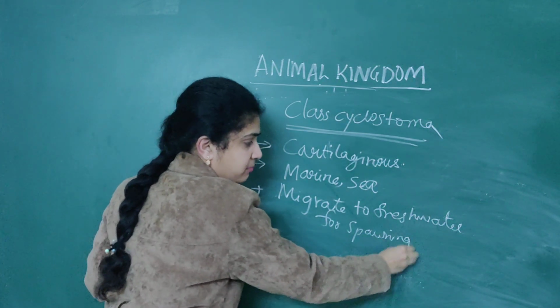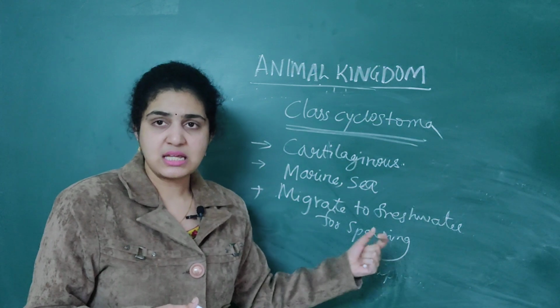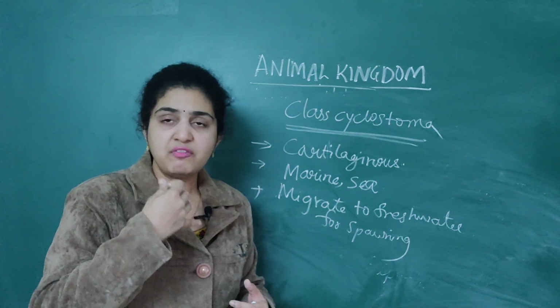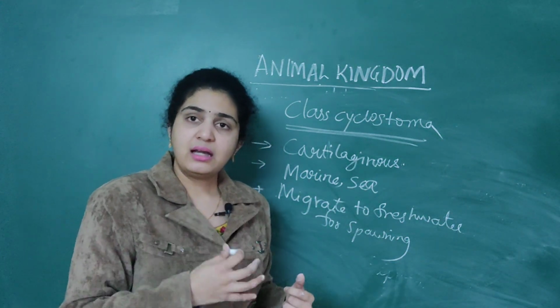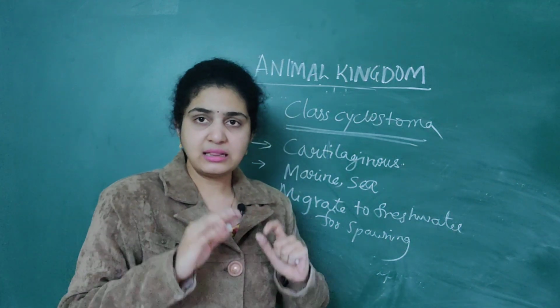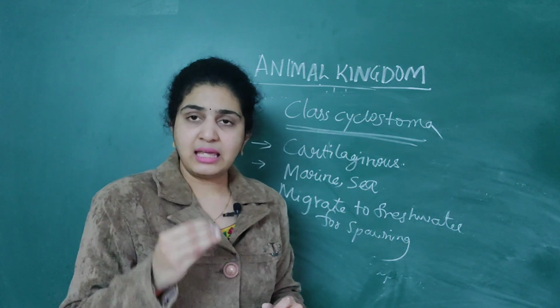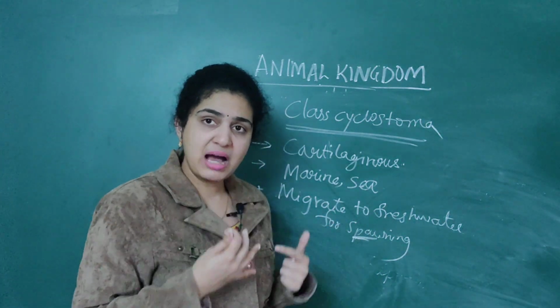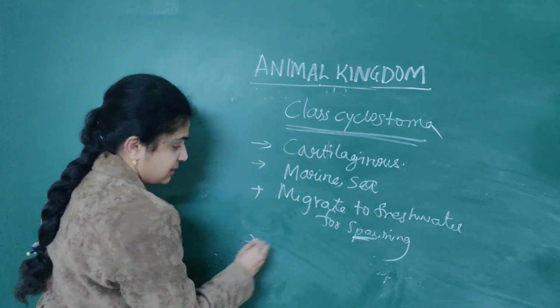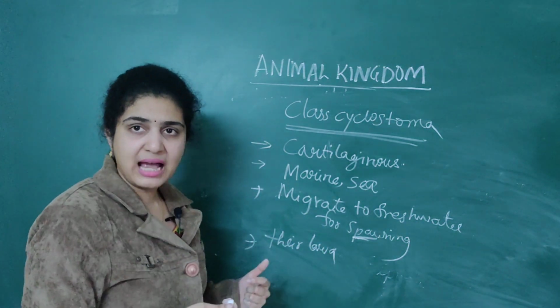Spawning means the new ones are born, that is the larval stages. For giving birth to their young ones, they migrate to fresh water. After living a few days in fresh water, they will die. Their larvae undergo metamorphosis and come back to the sea.